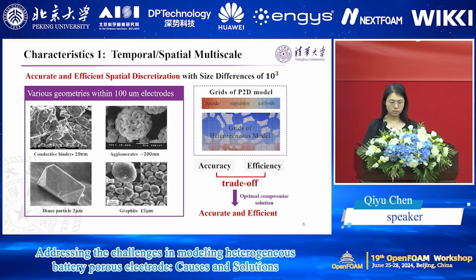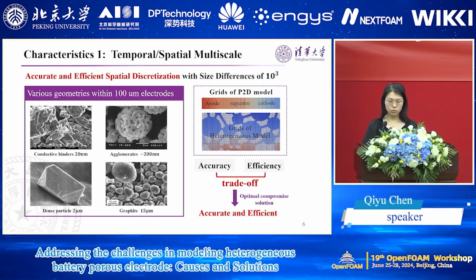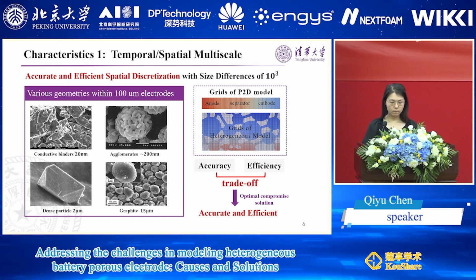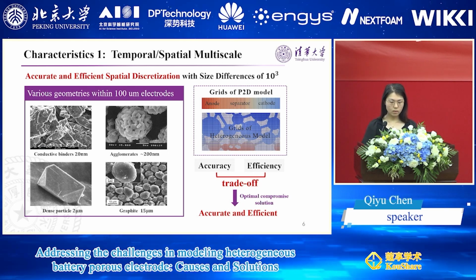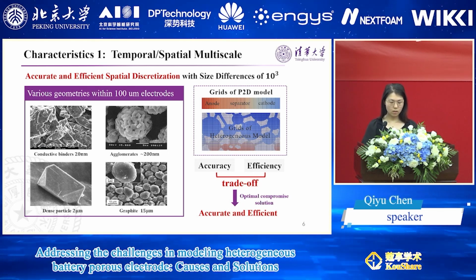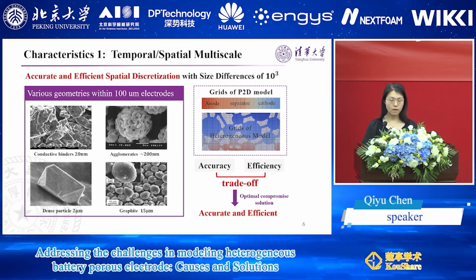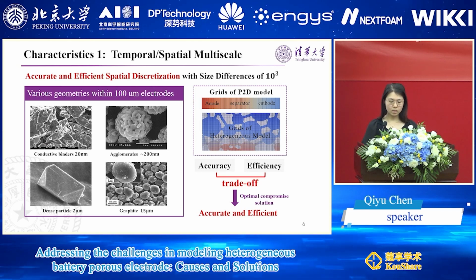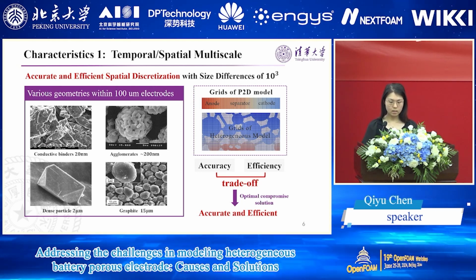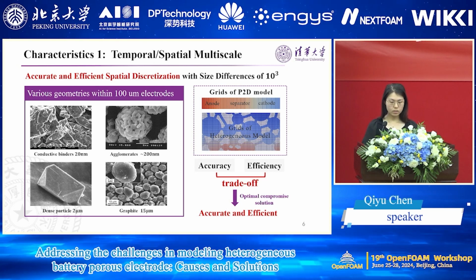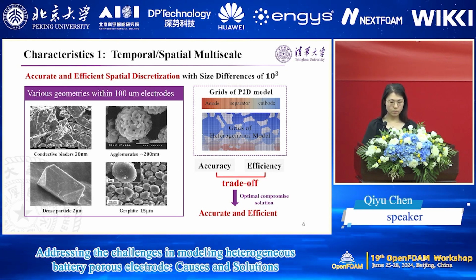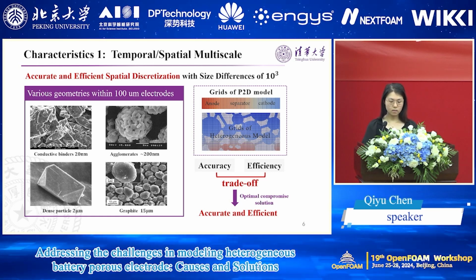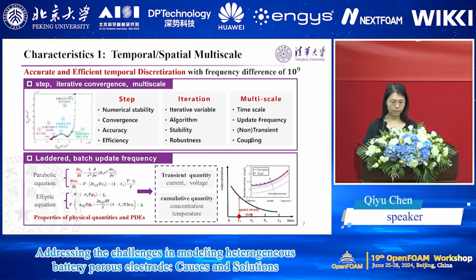Single crystal particle is about 2 microns, and graphite particle is 15 microns. The quality of the mesh determines the simulation results. For high accuracy, mesh refinement can be implemented, but this will also increase computational time. How to achieve accurate and efficient spatial discretization across multi-scales is the first sub-problem to consider.